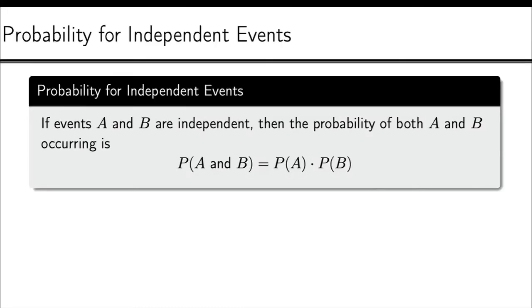The reason we care about whether or not events are independent is because we have a special rule for independent events. If we have 2 events, A and B, being independent, then the probability of both occurring, the probability of A and B, is equal to the probability of A times the probability of B. This is only if they are independent events.